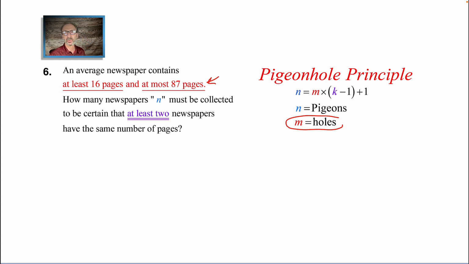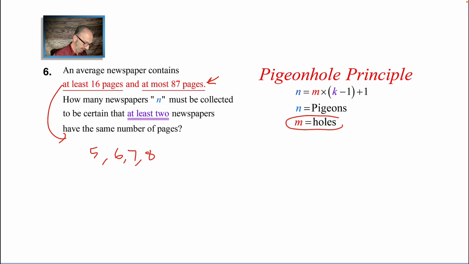To count them, you don't want to count them by hand, like 16, 17, 18, 19, and the maximum was 87, and start counting them. We have another way to count them, and here's one way to do it. Take a look. Let's say the number of pages are, instead of this, 5 minimum and 8 maximum.